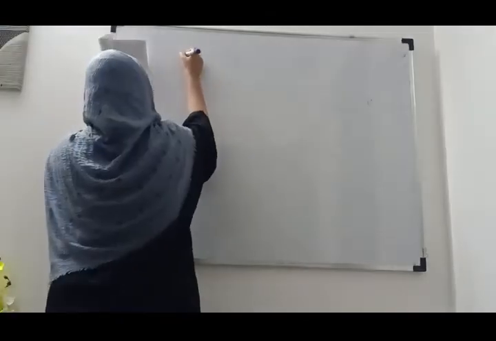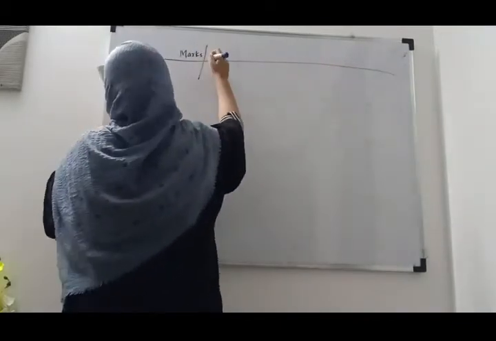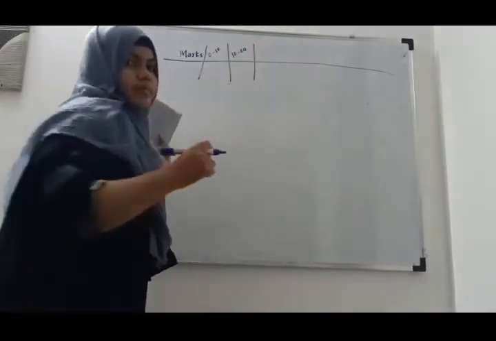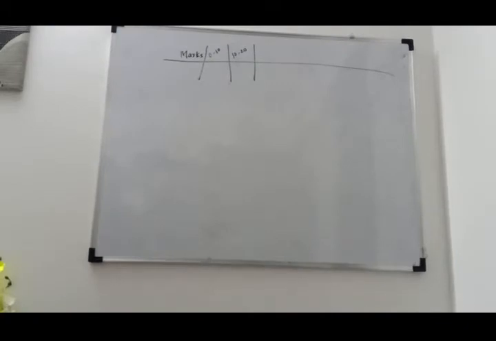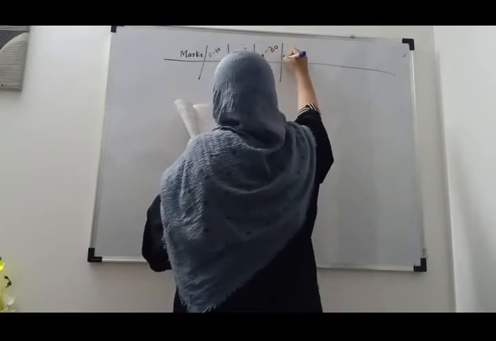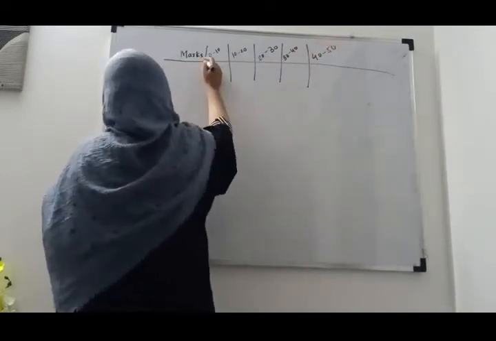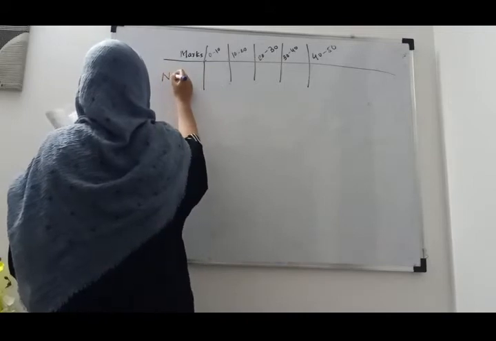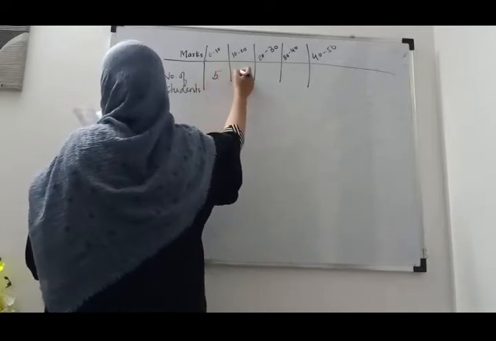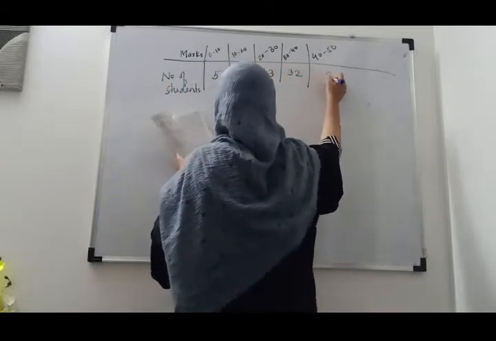Okay, so the question is given: marks, then 0 to 10, 10 to 20, 20 to 30, 30 to 40 and 40 to 50, and the frequencies are number of students, 5, 12, 43, 32 and 8.